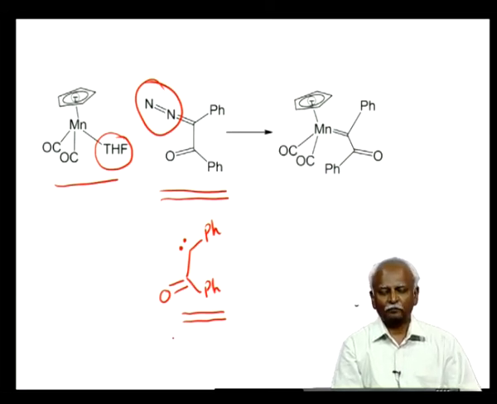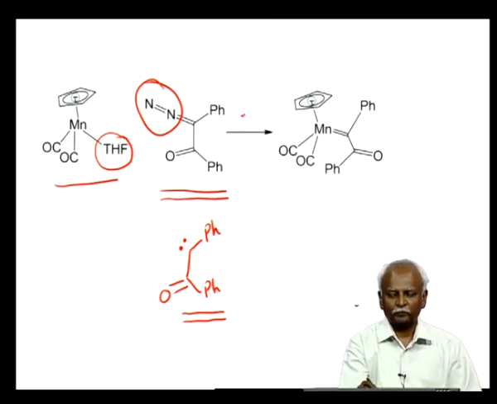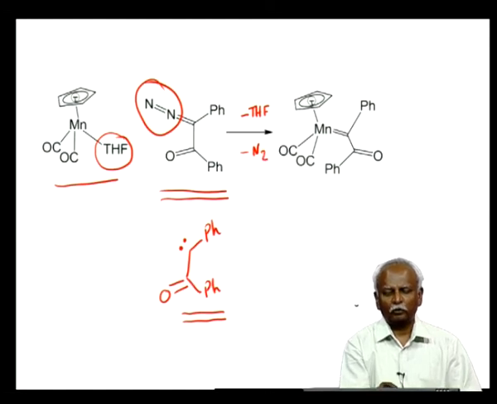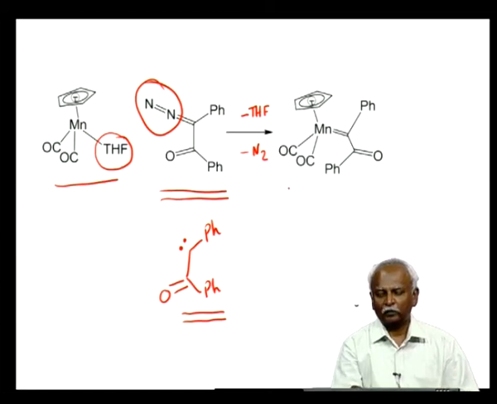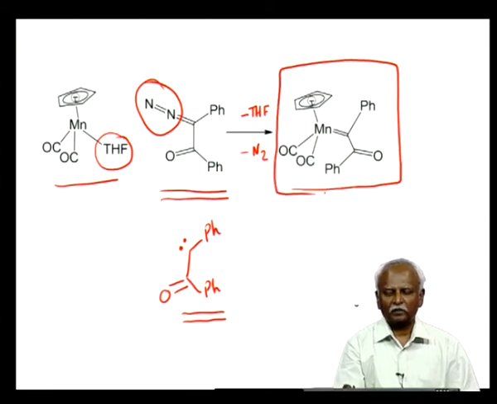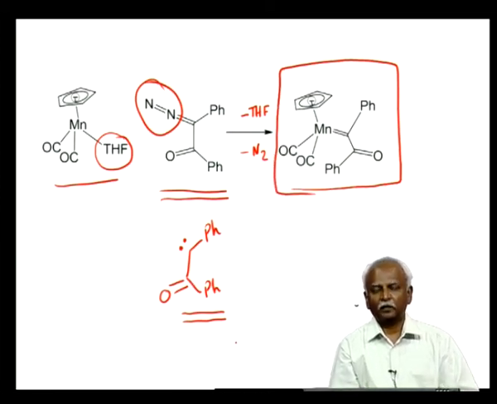So, if the THF leaves, so if you have minus THF, then minus nitrogen, you eliminate a molecule of nitrogen from here, and if you eliminate a molecule of THF from this manganese complex, you end up with coordination of the 2 remaining species, and you form this nice complex where you have a carbene center coordinated to the manganese.